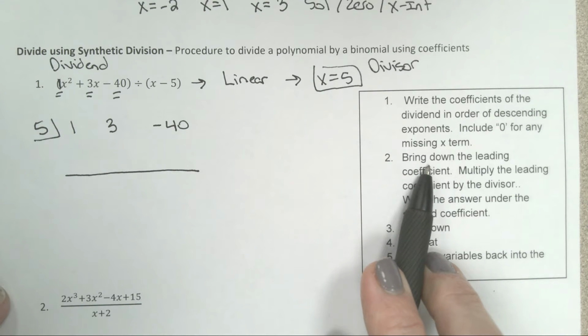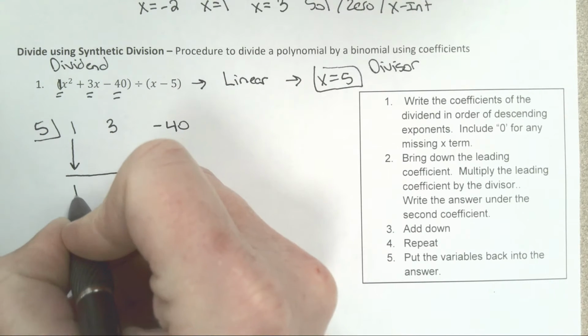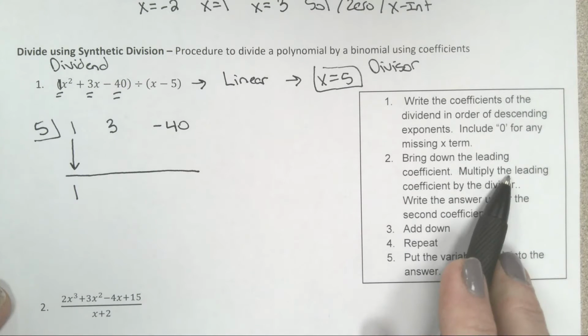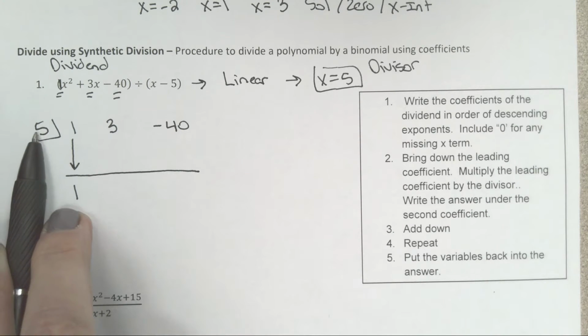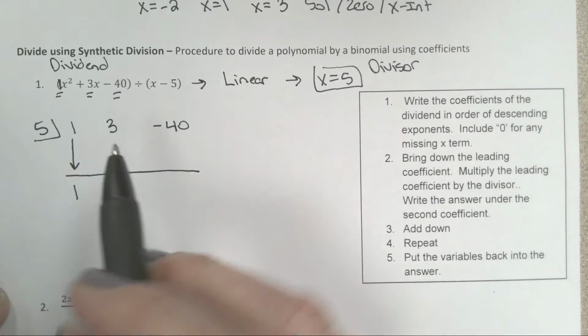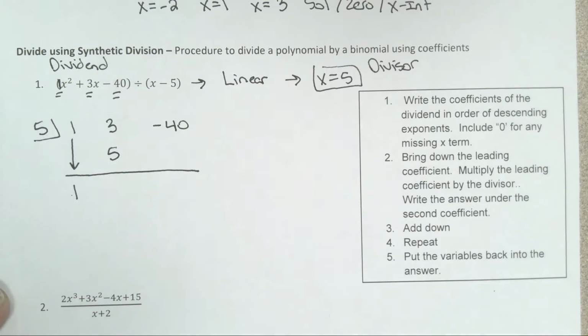It says bring down the leading coefficient, so we're going to bring it straight down. It says multiply the leading coefficient by the divisor. So you take 5 times 1, and then you put the answer under the next coefficient. 5 times 1 is 5. It goes right there.